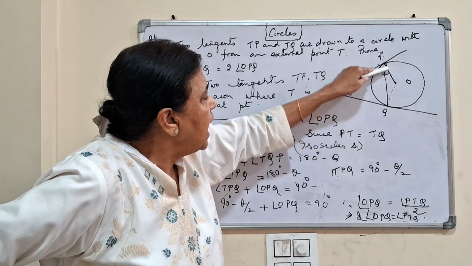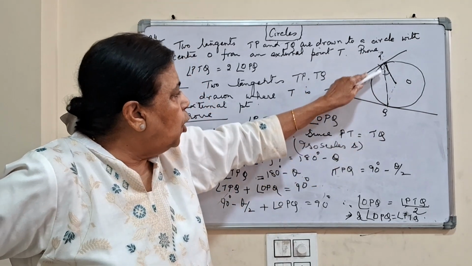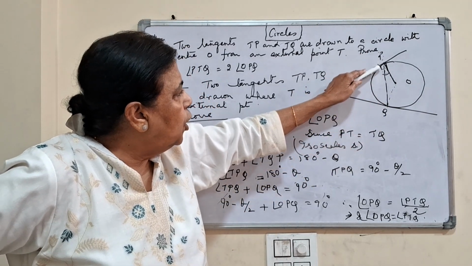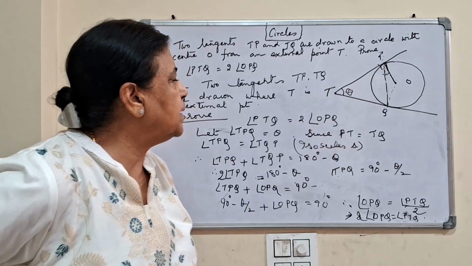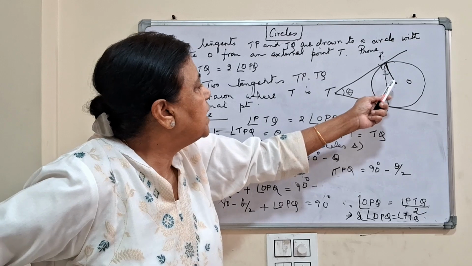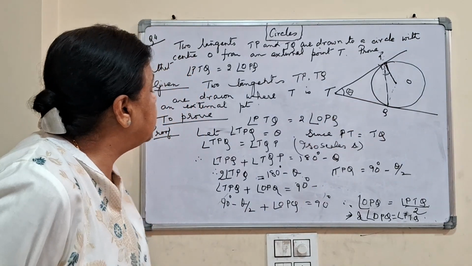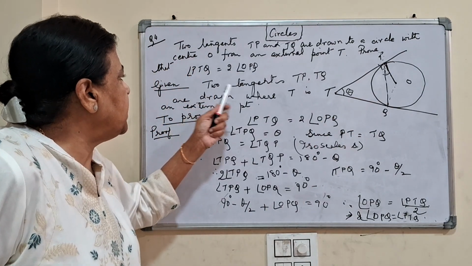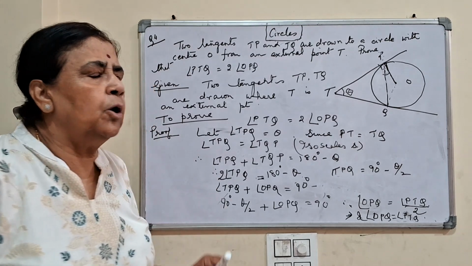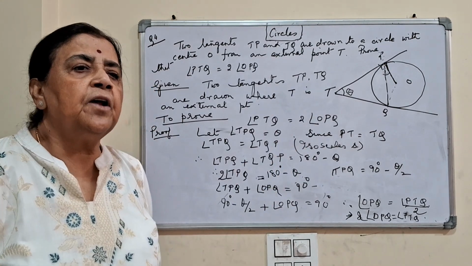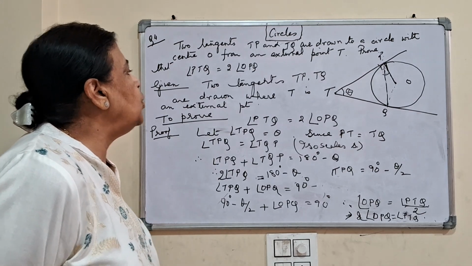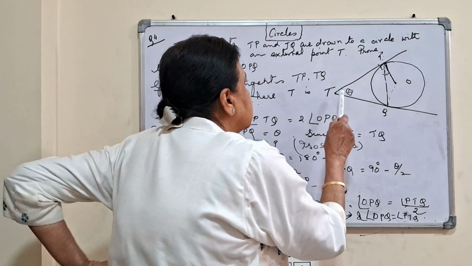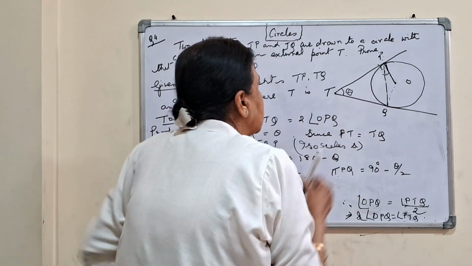OPQ is the angle made by the chord, which connects the points of contact, and the radius. Two tangents TP and TQ are drawn, so it is an isosceles triangle. Let angle PTQ be theta.